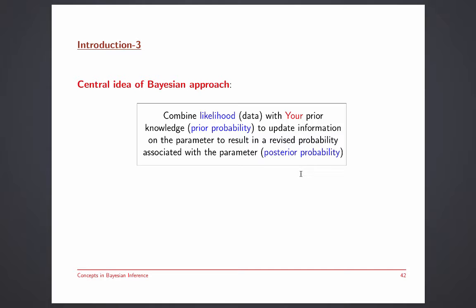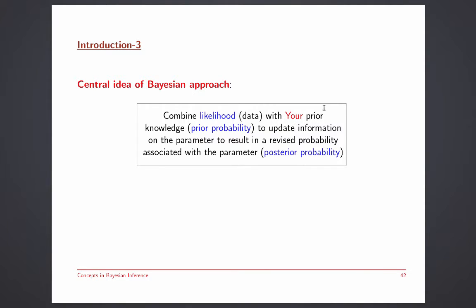The central idea of the Bayesian approach is that we combine the data, which we call the likelihood, with your prior knowledge, which we call the prior probability, to update the information on the parameter in order to result in a revised probability associated with the parameter, which we will call the posterior probability. So, data together with prior knowledge leads to posterior probability.